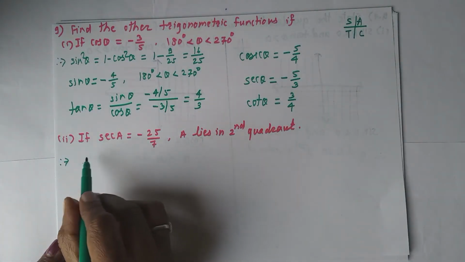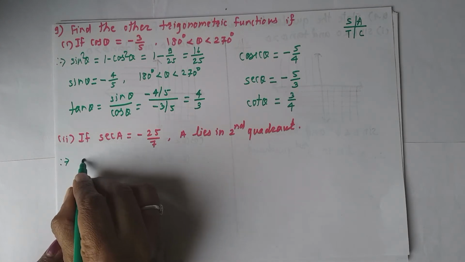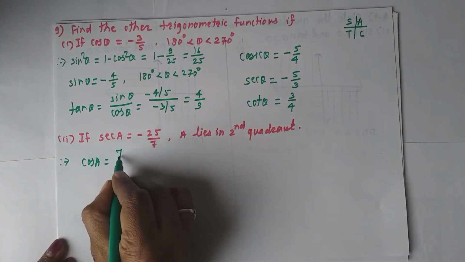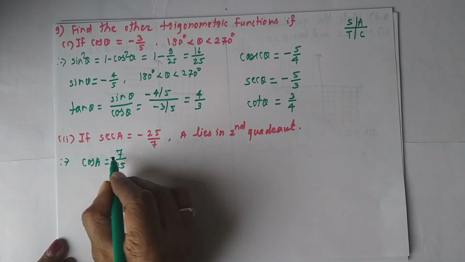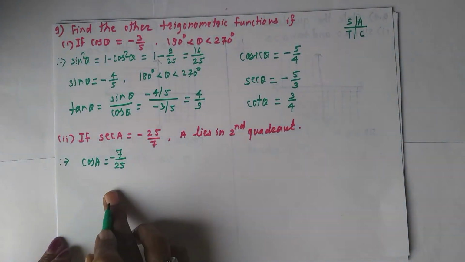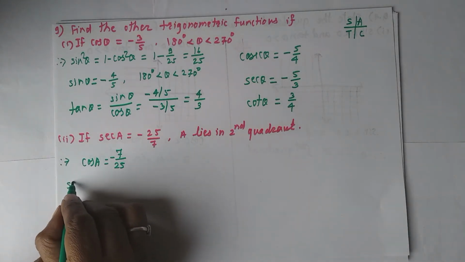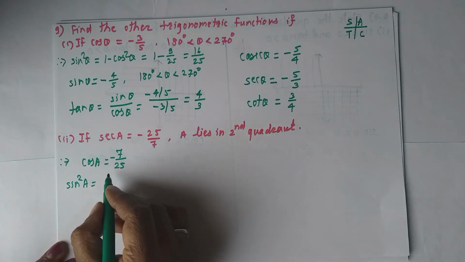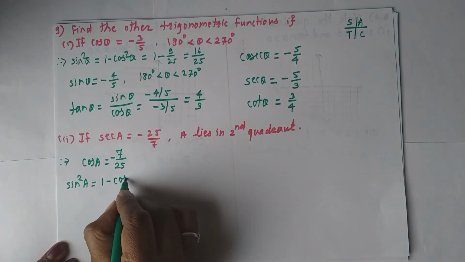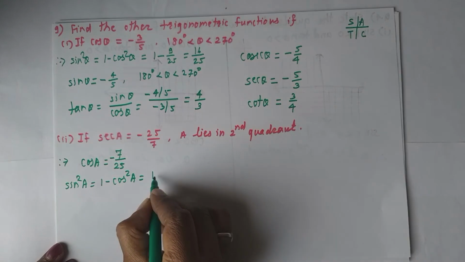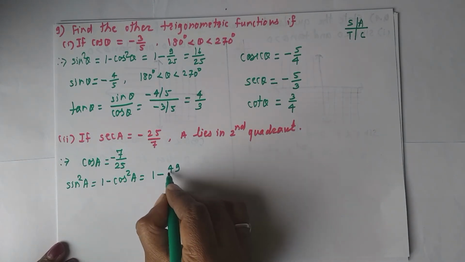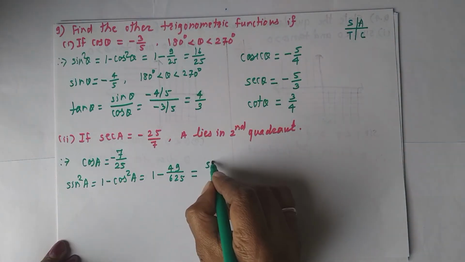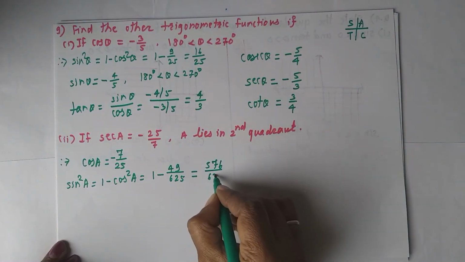Sec A is given. From this sec A, I will first find cos A because cos is the reciprocal of sec and that will be 7 divided by 25 with a minus sign. Okay. Now we will find sine. Again sin square A. If here angle A is given instead of theta, you write down A: 1 minus cos square A, and this will be 1 minus 49 divided by 625 and it will be 576 divided by 625.